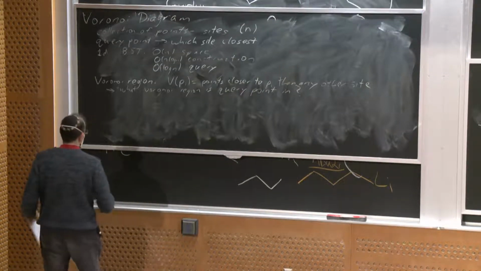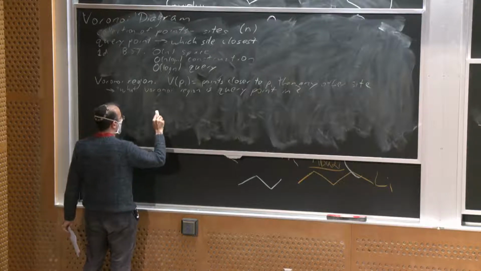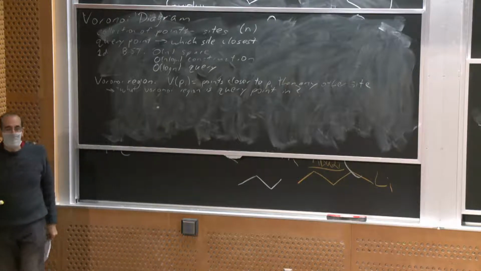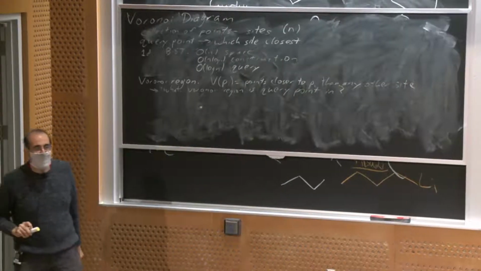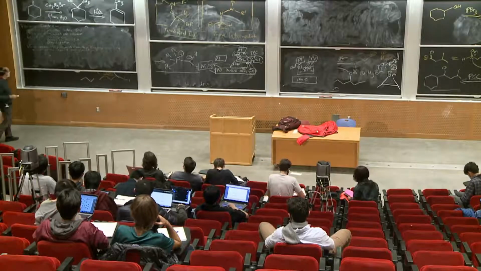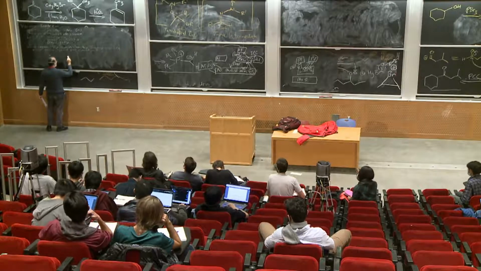But let's explore it a little bit more carefully. Suppose that I have only a single point, one site. What is the Voronoi region for this site? Yeah? It's the entire plane. That's easy, right? Suppose that I now add a second site.